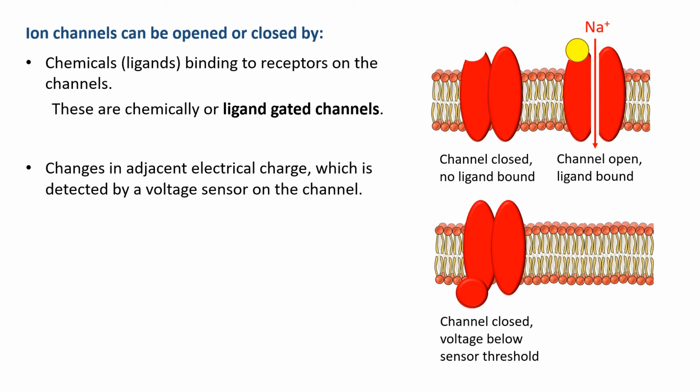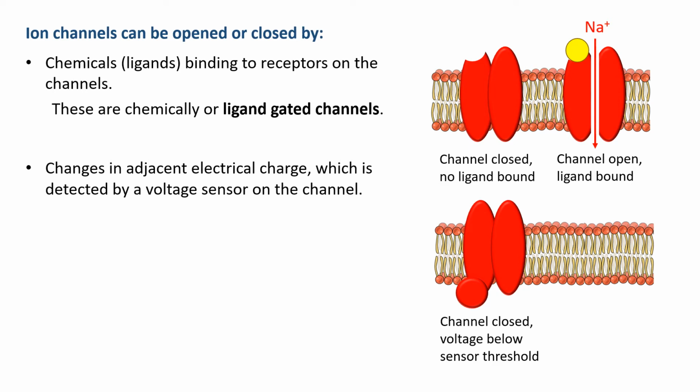The other thing that channels can be opened or closed by is the adjacent electrical charge. So these sorts of channels, voltage-gated channels, have a voltage sensor. That voltage sensor has a point at which, once the adjacent charge gets to a certain threshold, it will open or close that channel.